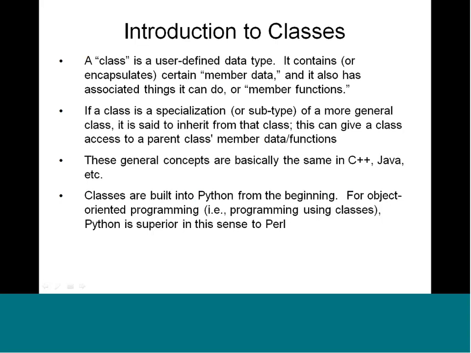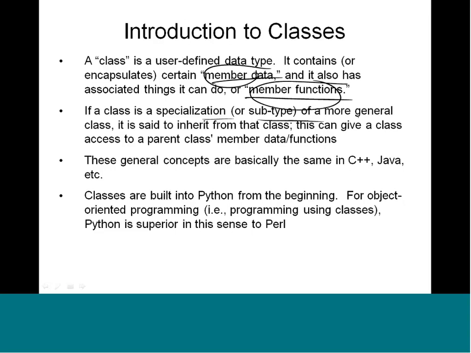Okay, so a class is essentially a user defined data type. It contains certain member data, which we will define. It also has associated things that it can do, called member functions. So anytime a class is defined, it should have member data and member functions.